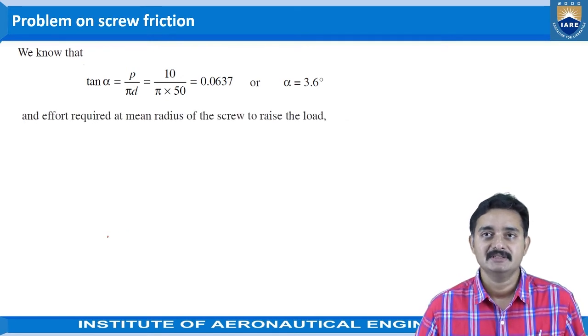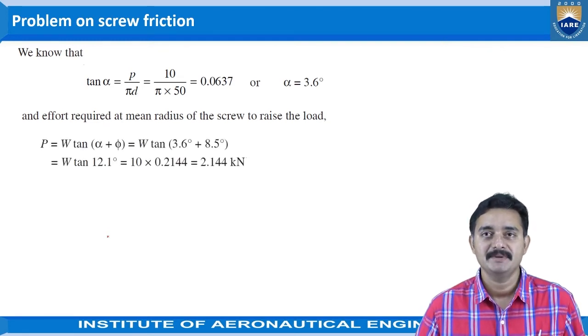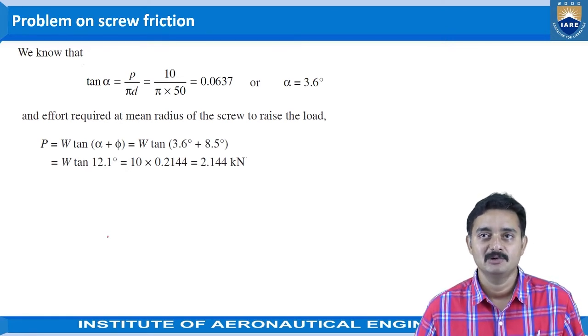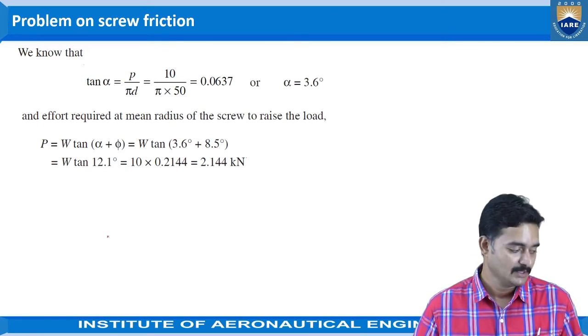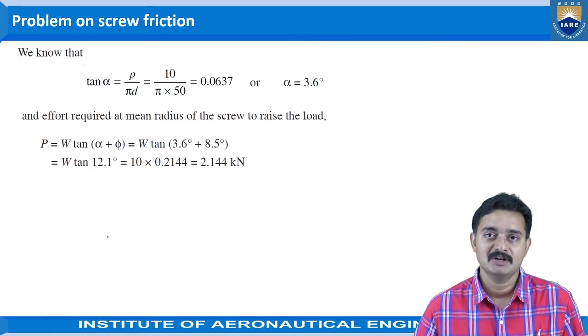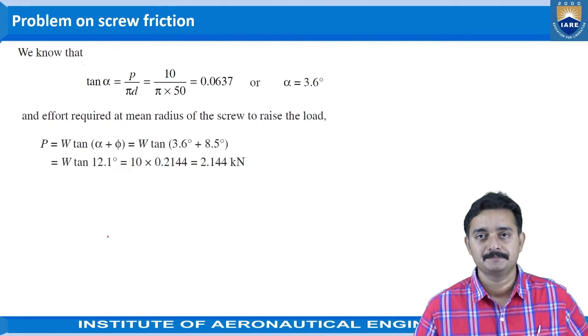The effort required at the mean radius of the screw to raise the load is P is equal to W tan of alpha plus phi, that is W tan of 3.6 degrees plus 8.5 degrees, which is W tan 12.1 degrees. From this we obtain 10 into 0.2144, which is equal to 2.144 kilonewton.